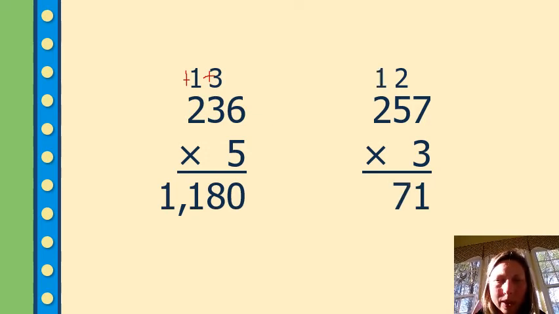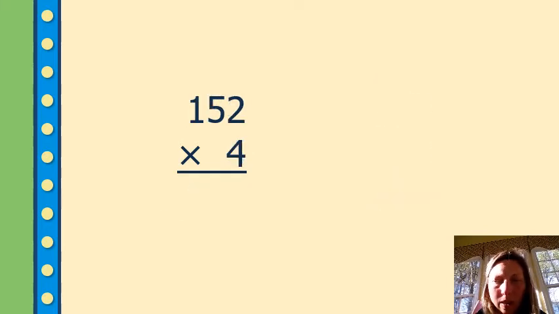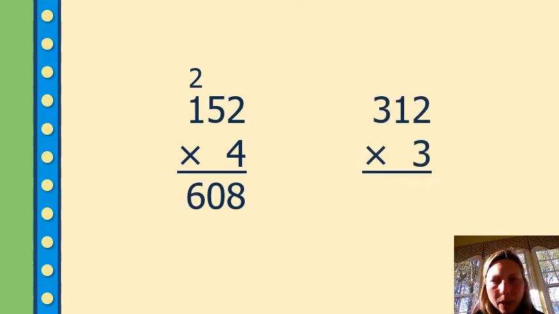And 2 times 3 is 6. Plus 1 is 7. 152 times 4. All right, we do 2 times 4 is 8. 5 times 4 is 20. Got to split that 20 over into the hundreds column. The 2. And then 1 times 4 is 4. Plus 2 is 6. 312 times 3. 2 times 3 is 6. 1 times 3 is 3. And 3 times 3 is 9.